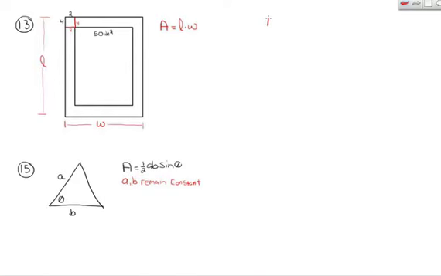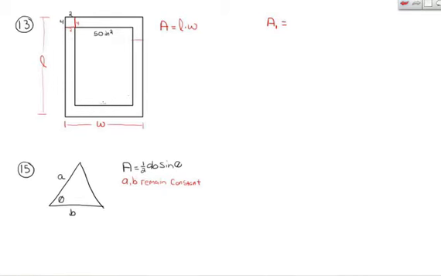So I'm going to write another area equation. I'm going to say area 1 for the inside. And I know that according to my dimensions here, if the whole thing is W, then the width of the smaller area would be W minus 2 for this margin and 2 for that margin.